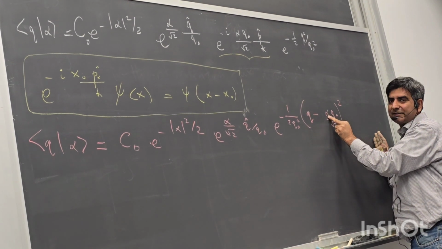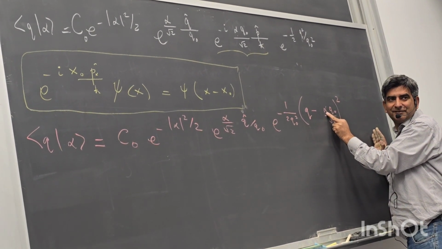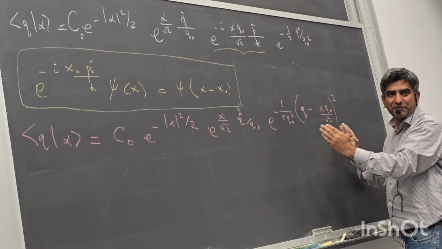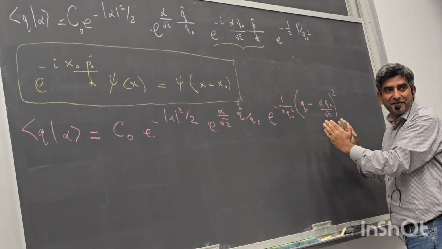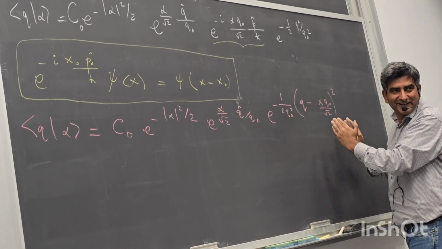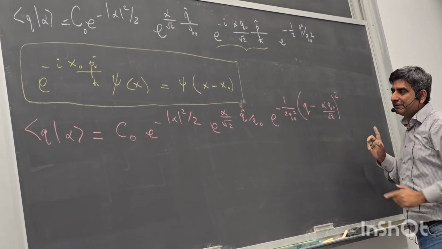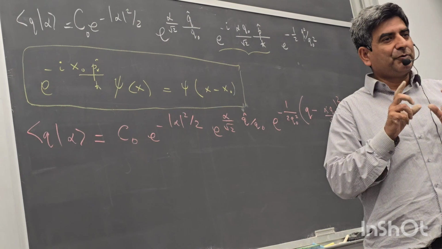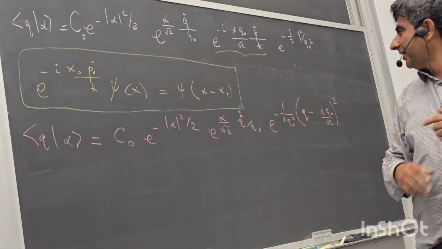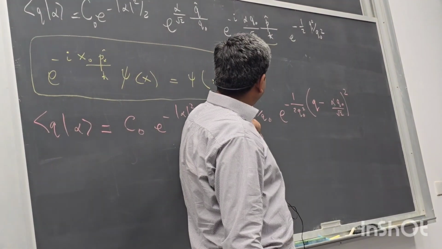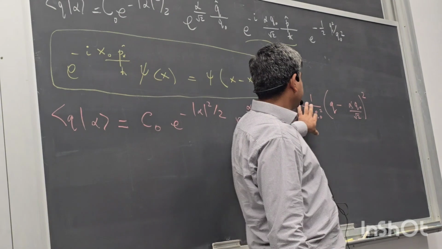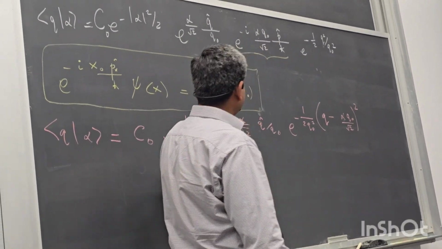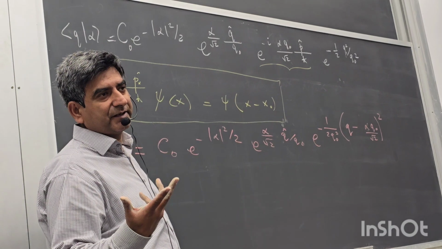It's just that its center position is changed. And if I were to make this time dependent, you'll see that the centroid of this Gaussian wave function is varying. It's going as a sinusoid. So you already have a hint of what this wave function looks like. The wave function looks like a Gaussian. Now this is a position operator that is exponentiated, acting solely on position variables, so I can replace this operator just with the number itself.